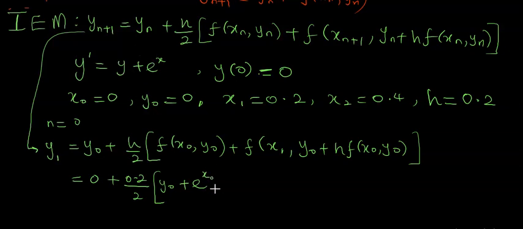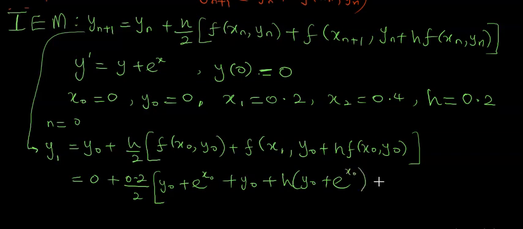That's what that is. Plus now the whole of this. Actually, this is going to be x1. So this will be y naught plus h times y naught plus exponential x naught, because that's for this.